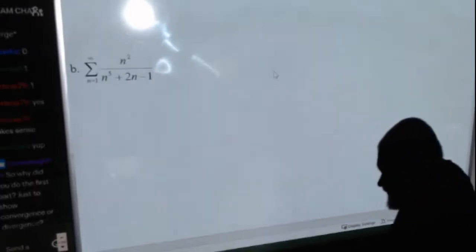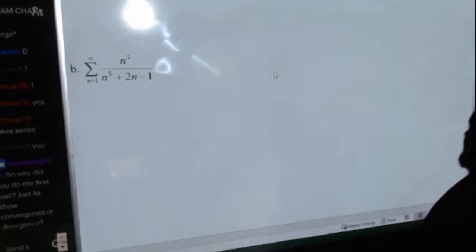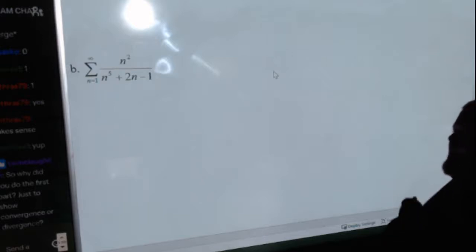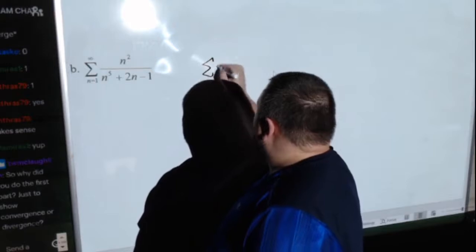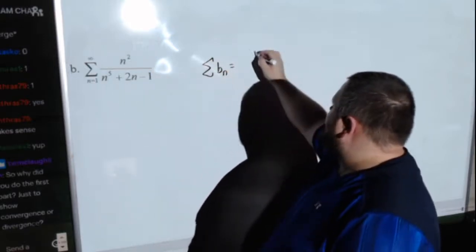All right, we've got n squared over n to the fifth plus 2n minus 1. I have to first come up with something to compare it to. So the dominant term in the numerator is obviously n squared.